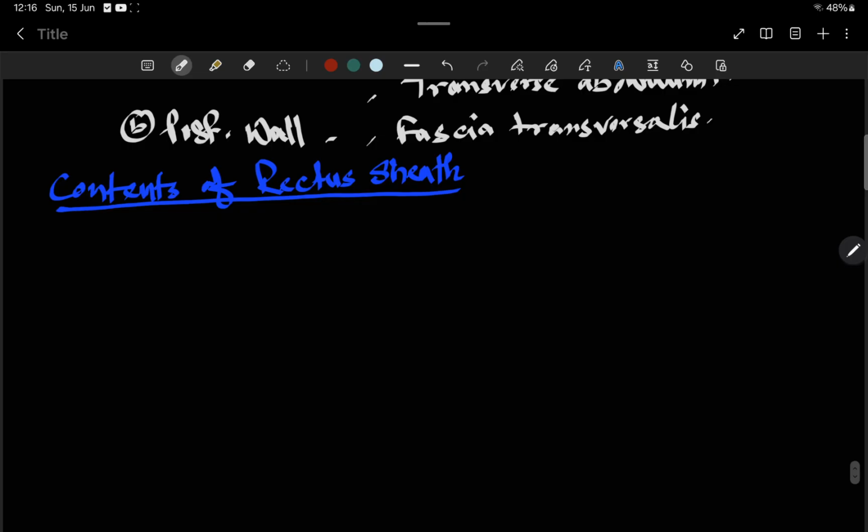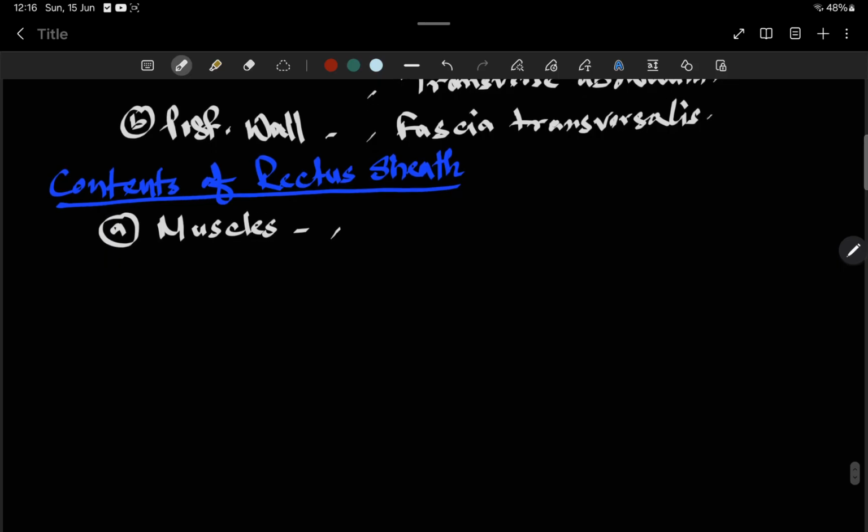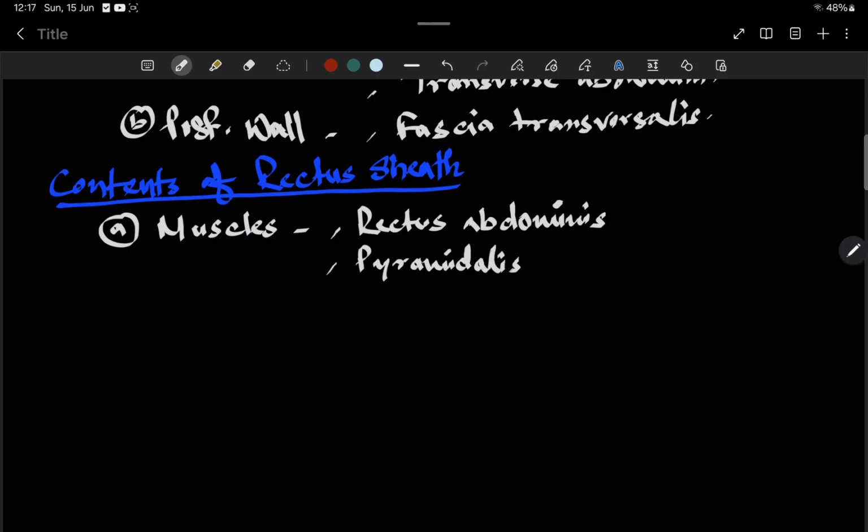In the contents, we study first about the muscles. What are the muscles contained in the rectus sheath? Number one is the rectus abdominis. Number two is the pyramidalis. These are the two content muscles.